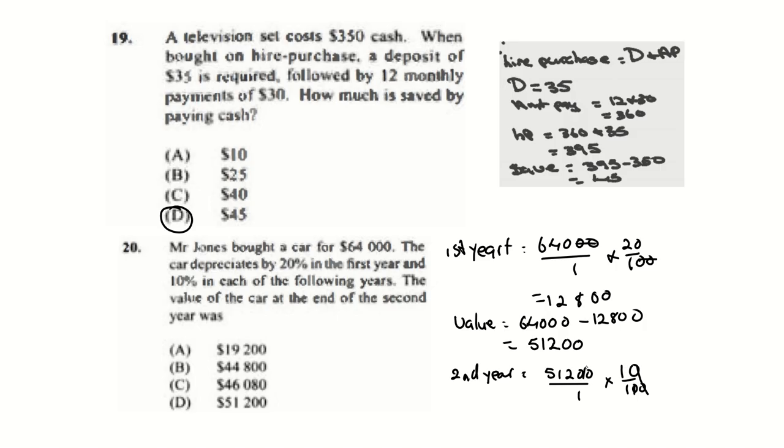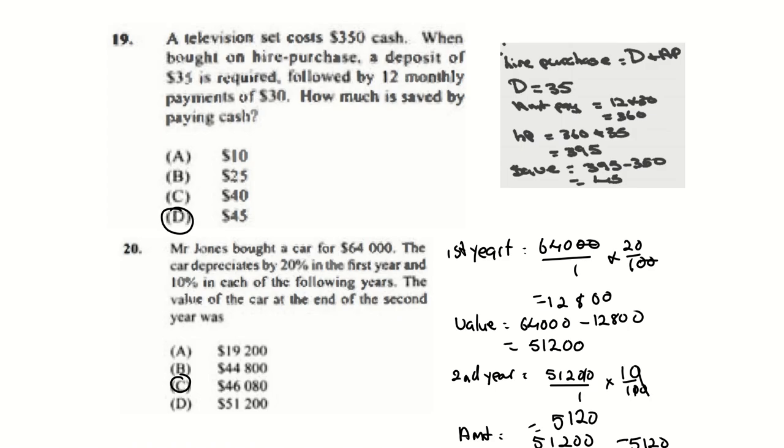Cross out, cross out. We see that the value it would depreciate by is 5,120. So the car is now worth 51,200 minus 5,120, which would have given you C. Right, and that is how you would do this question.